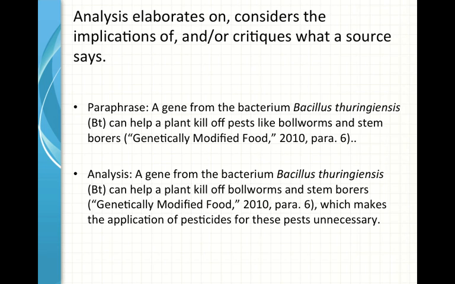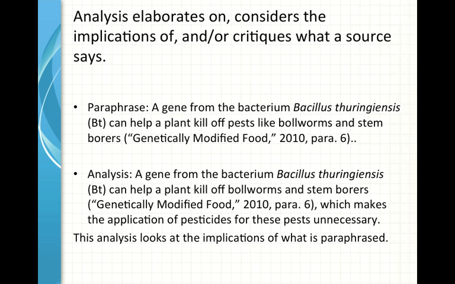Not only am I paraphrasing, a gene from the bacterium Bacillus thuringiensis, BT, can help a plant kill off bollworms and stem borers, but I'm also elaborating on that, saying the following part, which makes the application of pesticides for these pests unnecessary. This analysis looks at the implications of what is paraphrased.